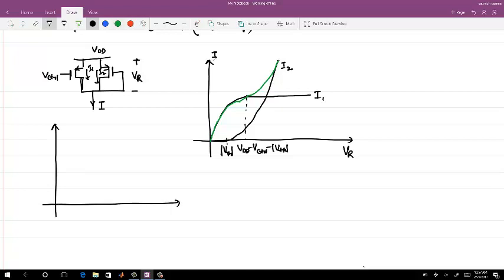This is specifically to show you that if you use a square law, there will be a linear region here. Whereas quite often we draw it like this, a straight line.